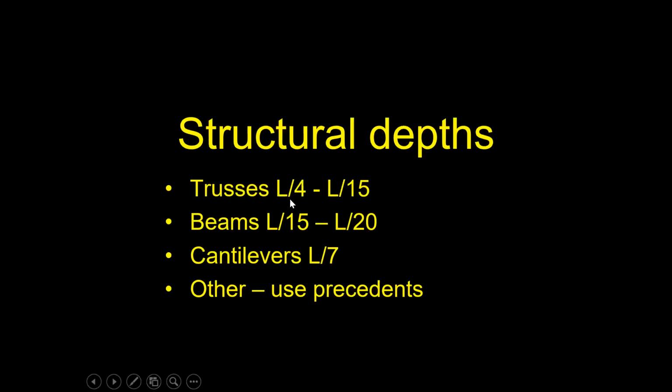You would use 4 if your truss was supporting a heavy roof, like a concrete slab. And you would use 15, L over 15, if you had a very light roof on your truss. Beams, I usually use span divided by 15.